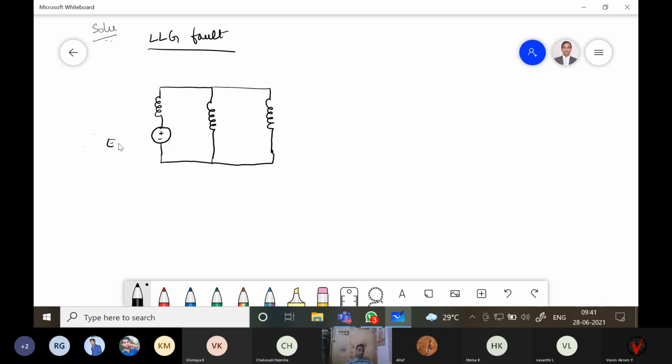So EA1 is equal to EA. Z1 is equal to J2 ohm, Z2 is equal to J0.5 ohm, and Z0 is equal to J0.25 ohm. Current IA1 is flowing like this, IA2 in this direction, and IA0 is also in the opposite direction.